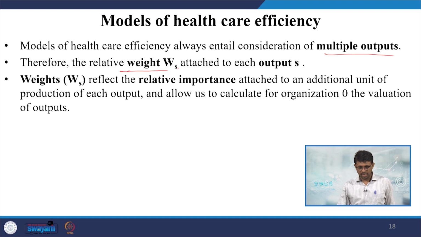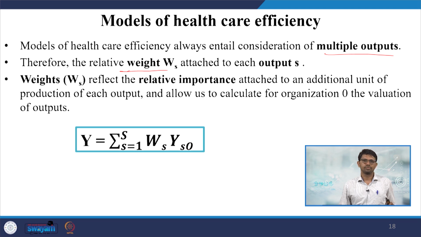Here it is Ws, and the weights are basically their relative importance so far as the additional output is concerned, and this is presented here. This is our output combined. The indexed value of the output is precisely a function of the individual outputs and their relative weights at the ith unit.